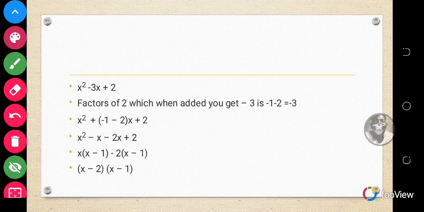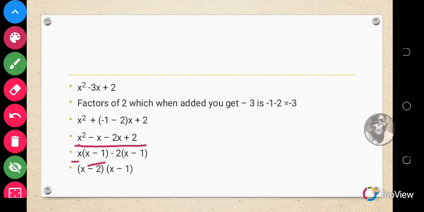this one, x multiply this, x multiply that. So that's how come we have x squared minus x minus 2x plus 2. So when you get to this stage, you remember our formula of grouping, our grouping method. So you bring the common term out, which is x, and then what stays out to be x minus 1.